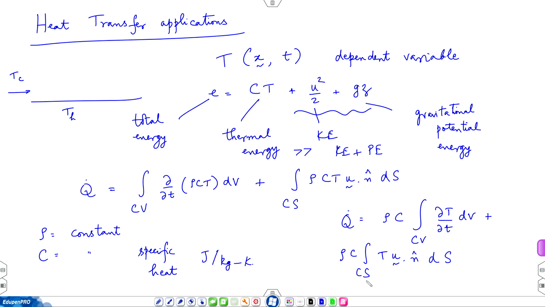That will give you del dot u T, but since we have set rho equal to constant, what is del dot u? What is del dot u if rho is constant? 0. Okay. Therefore, del dot u T will become, you can take temperature out, and that will make it u dot gradient of T.